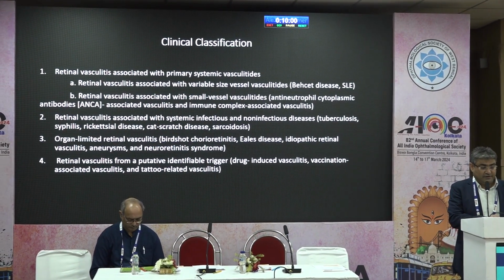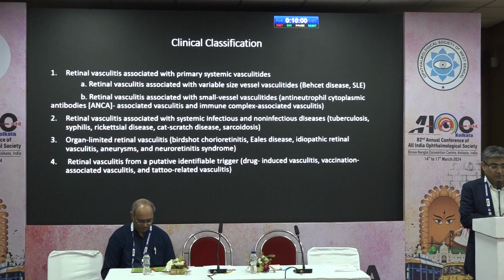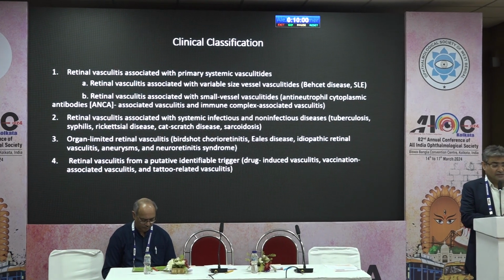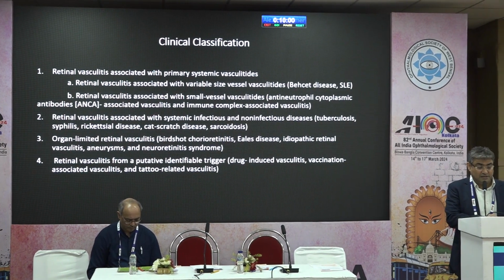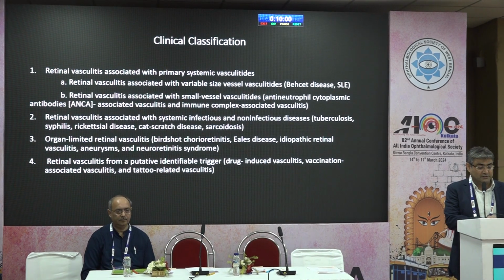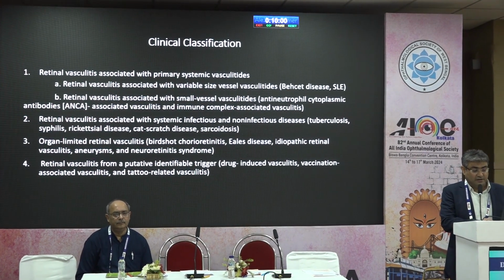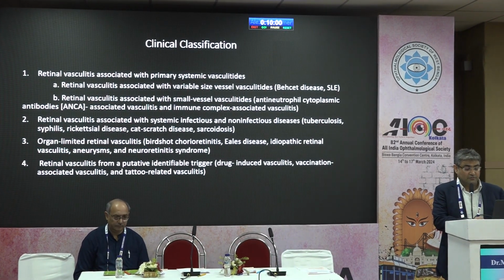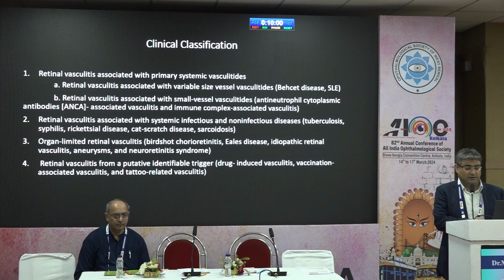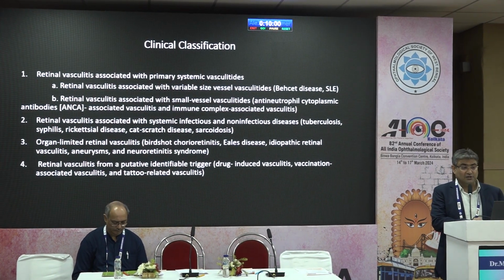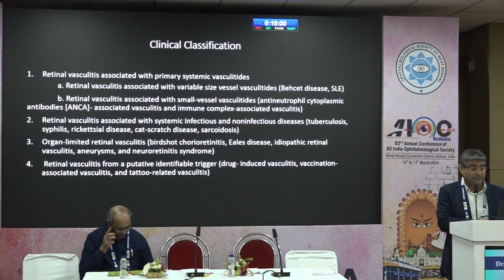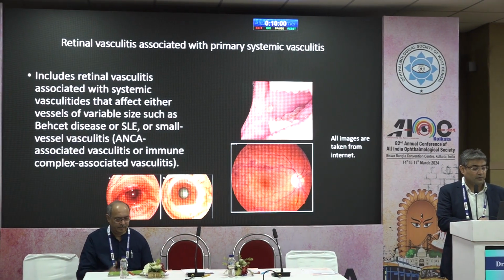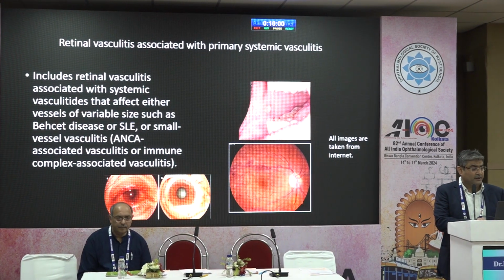Then comes the second, retinal vasculitis associated with infectious, non-infectious diseases like tuberculosis, syphilis, organ-limited vasculitis like birdshot chorioretinitis, Eales disease, idiopathic retinal vasculitis, aneurysms and neuroretinitis, that is IRVAN, and the last is retinal vasculitis from a putative identifiable trigger like drug-induced, vaccination-associated, what we saw post-COVID, and tattoo-related vasculitis we are aware of. These all images are taken from internet.